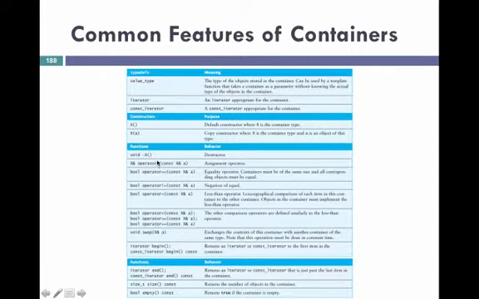We've got the assignment operator and a destructor, the swap method to exchange the contents of two containers. We can get iterators to point to the beginning or past the end of a container, the size of a container, and a Boolean function of whether it's empty or not.